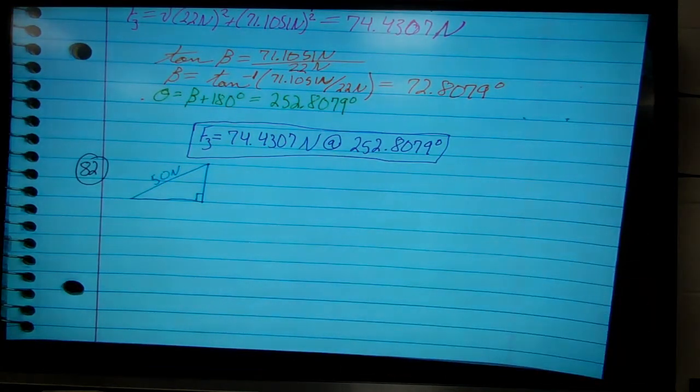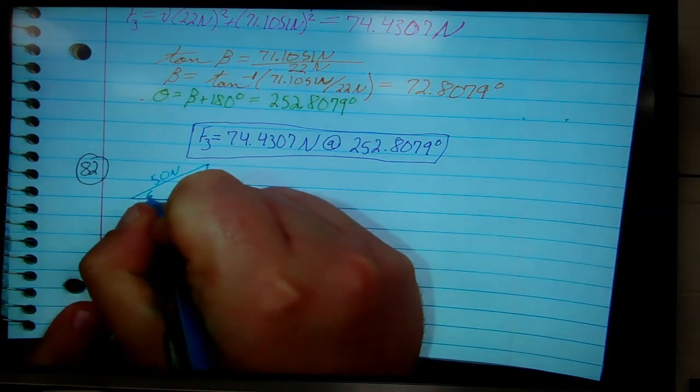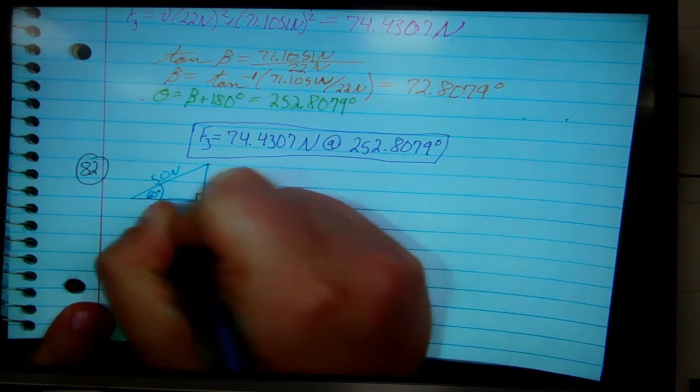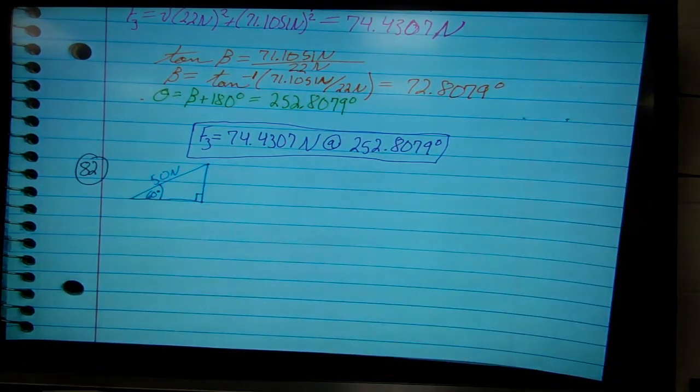So you can use your 30, 60, 90 triangle if you want, or you can just jump.